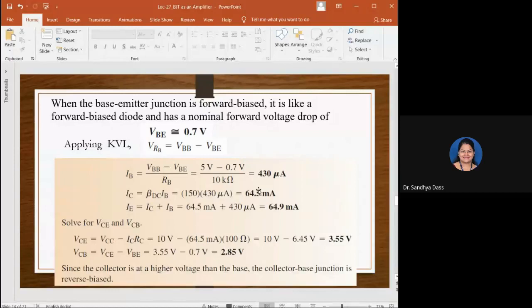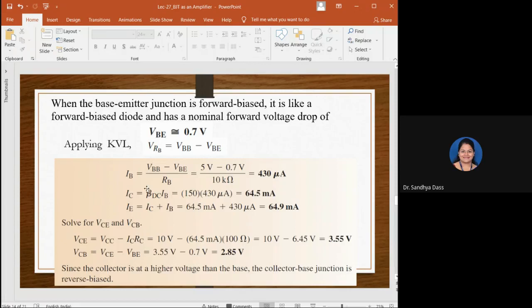You should know to apply KVL now. And VCB, the voltage across collector and base, is given by VCE minus VB, taking emitter common there. Calculation part you can do later. First understand the terms there, how to use that expression. Are you all with me?